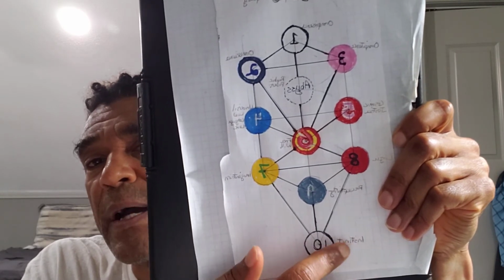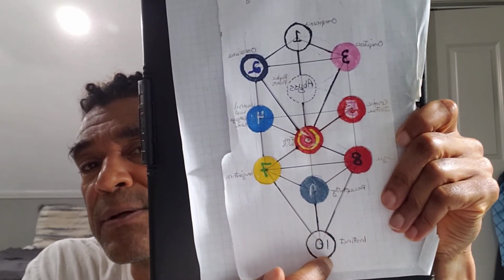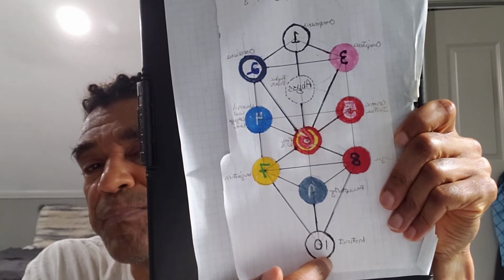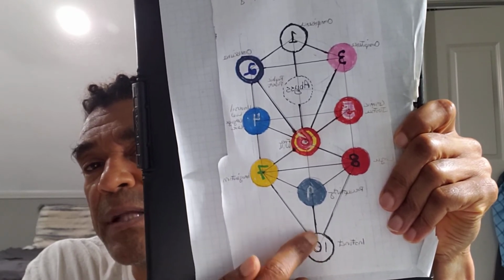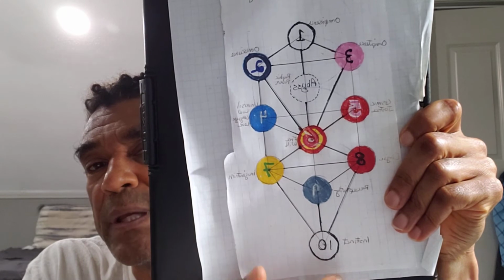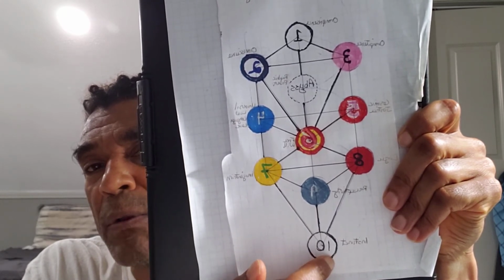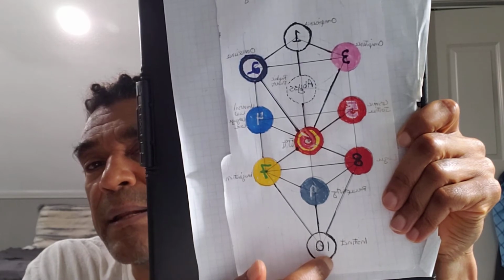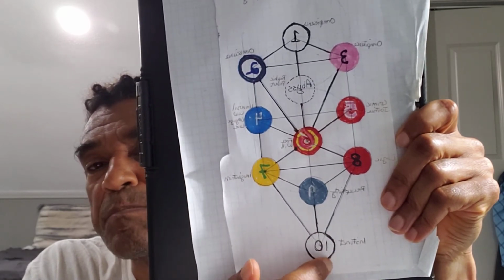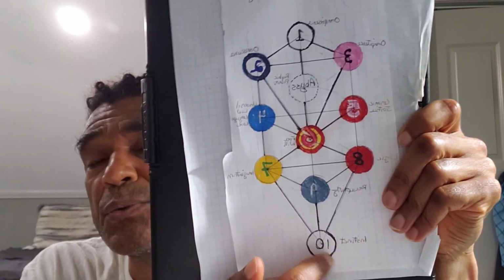And then we're also talking about the 10th fractal of the 10th sphere. So this is all about the 10th sphere, and it's really the essence of the 10th sphere, our life force, times 2, or to the second power.